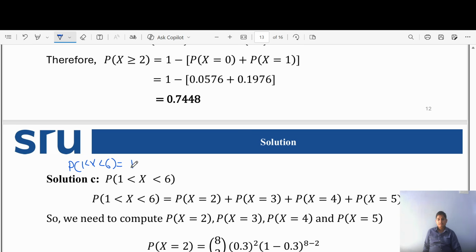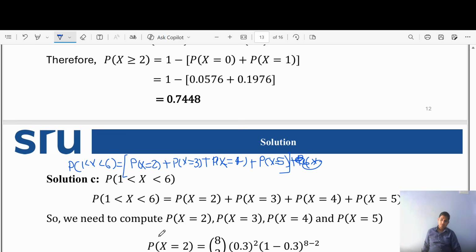So this contains x greater than 1, which means it runs from x equal to 2 plus P(x) equal to 3 plus P(x) equal to 4 plus P(x) equal to 5 plus P(x) equal to 6. No, only up to 5 because it is less than 6. Okay. So we evaluate these.